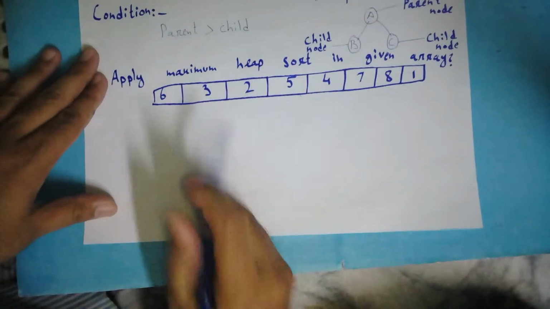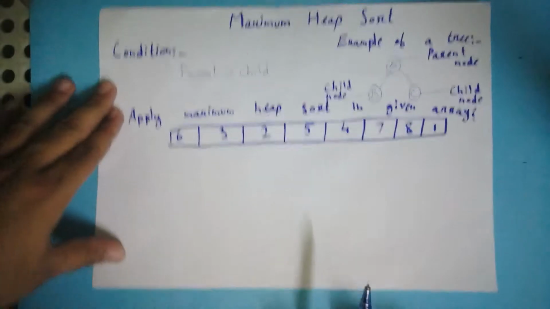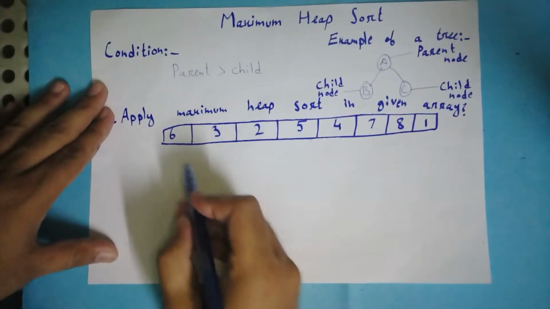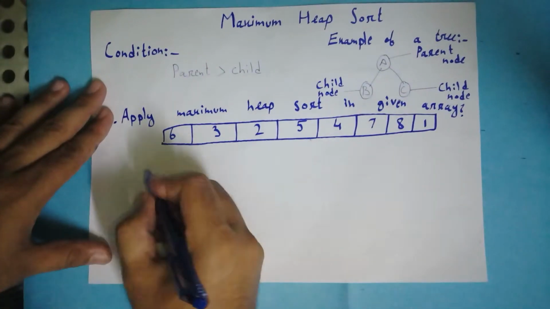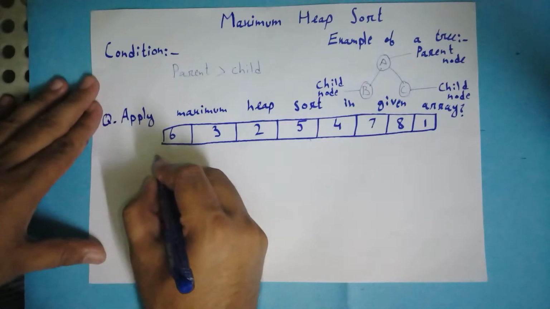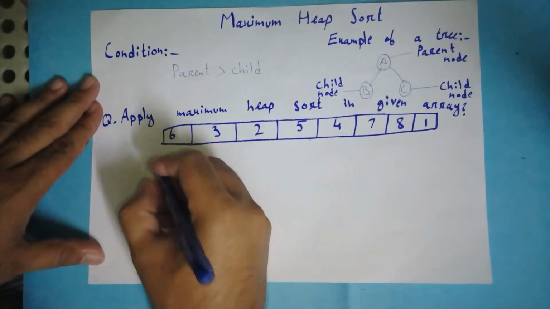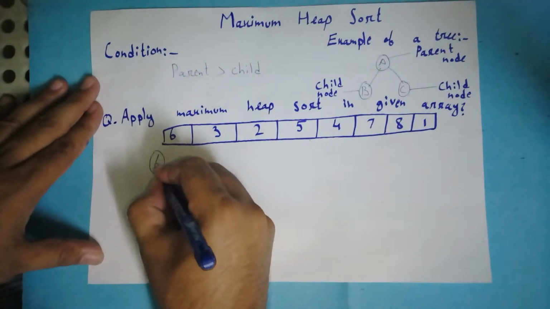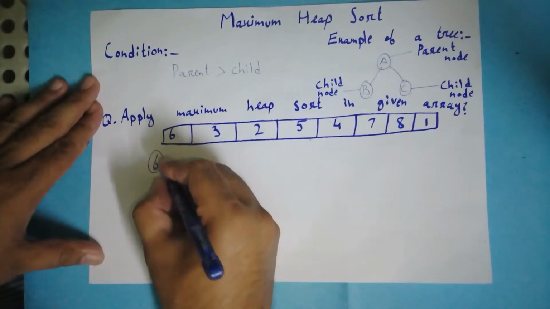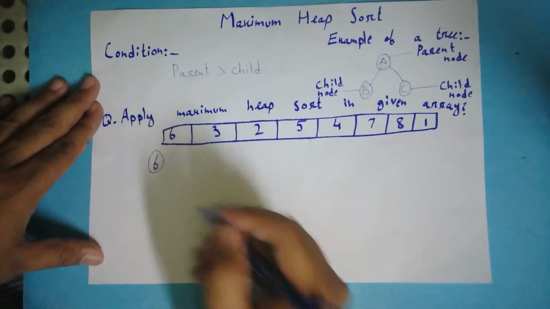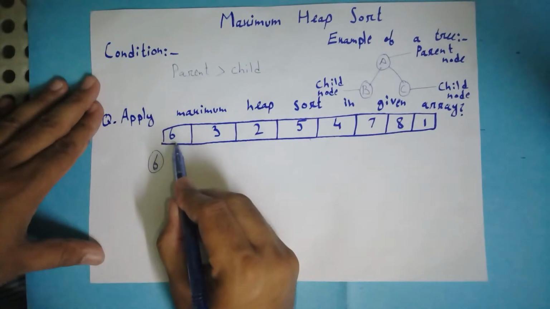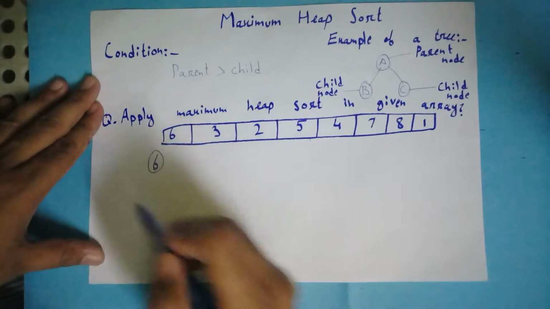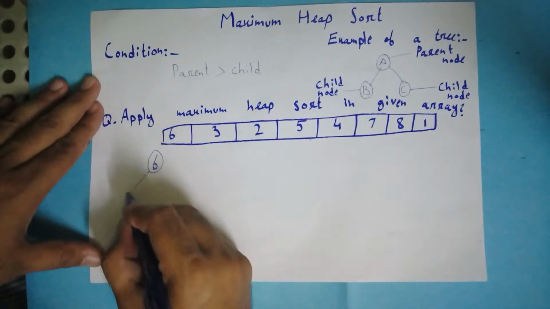First of all, the value coming is 6, so I'll write it down over here. The pen is not working properly, but okay, that one is 6. After that comes 3, so I'll write it down over here.